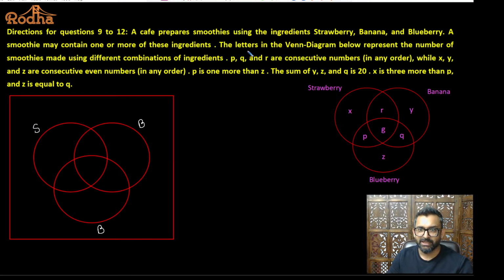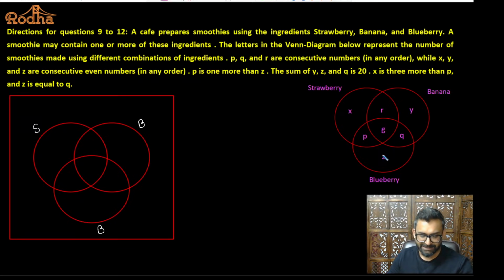The letters in the Venn diagram represent the number of smoothies made using different combinations of ingredients. P, Q, R are consecutive numbers. Consecutive means there will be a gap of 1 between them, but I don't know which one is smaller and which is bigger, so I cannot fill this in anyhow right now. While x, y, z are consecutive even numbers, so all of these will be even numbers.